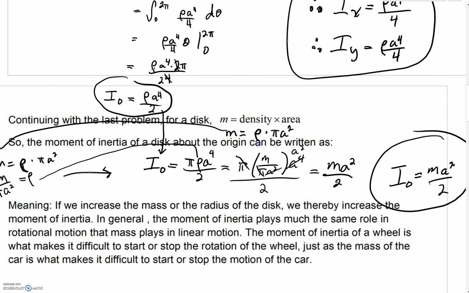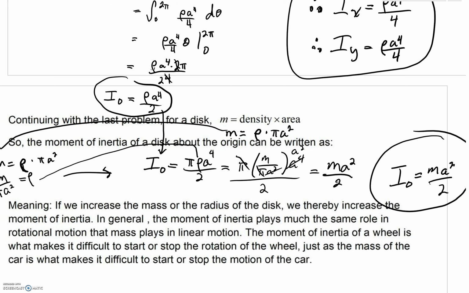So what does this mean? It means, if you're looking at this formula that I just circled, if we increase the mass or the radius of the disk, we thereby increase the moment of inertia. In general, the moment of inertia plays much the same role in rotational motion that mass plays in linear motion.